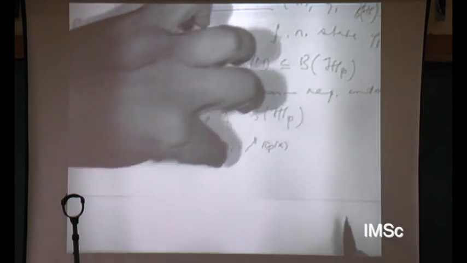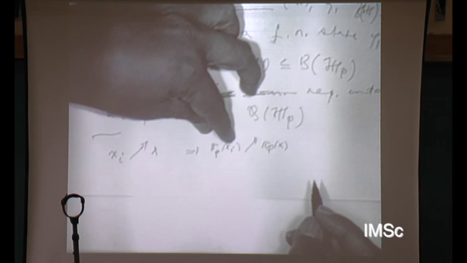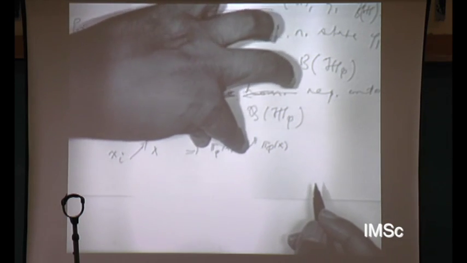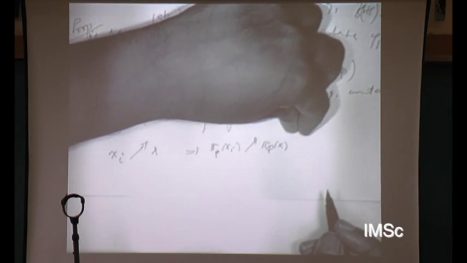To say that a family, it is clear that this family is increasing. So I have to check that the limit is this. That is what I have to verify.